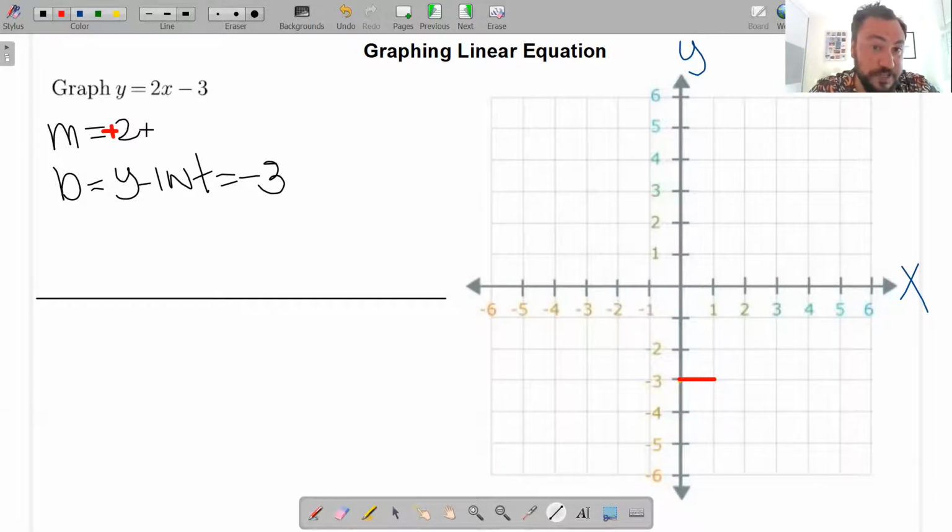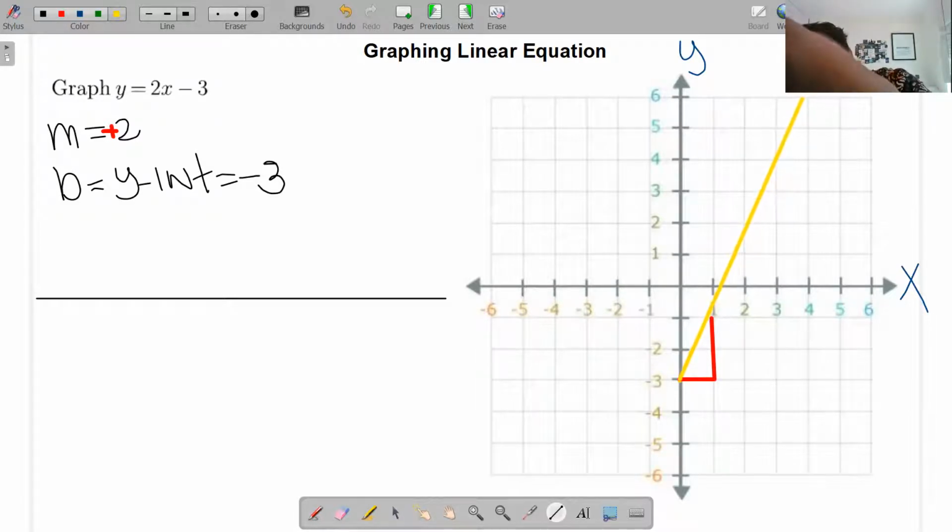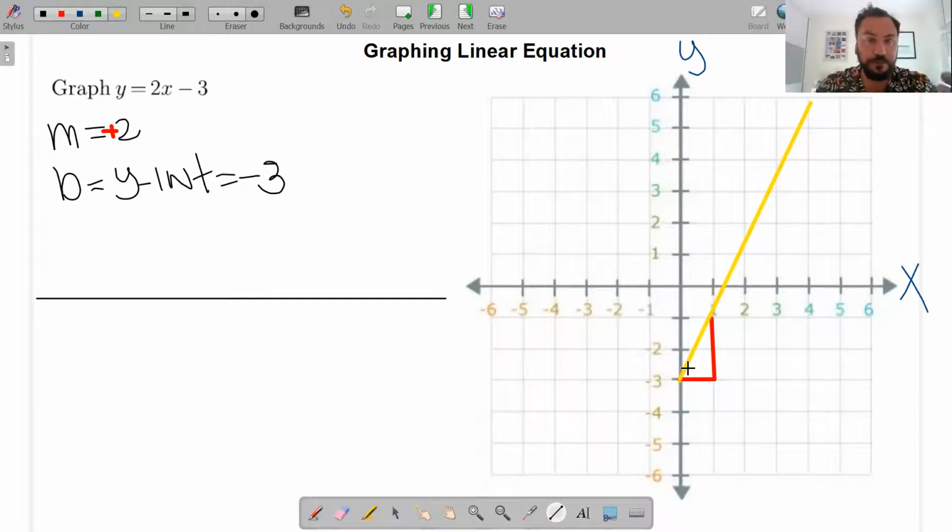Since my slope is equal to 2, that means that I'm going to go 2 steps up. So now that I have this displacement, I can draw my line, because my line, as I told you, is going to pass from here, and then it's going to pass through the point made by the slope.